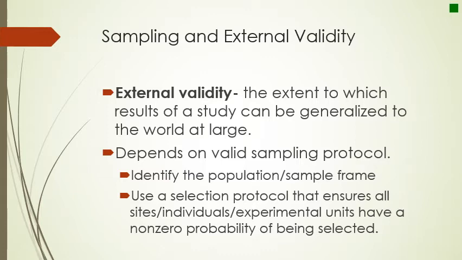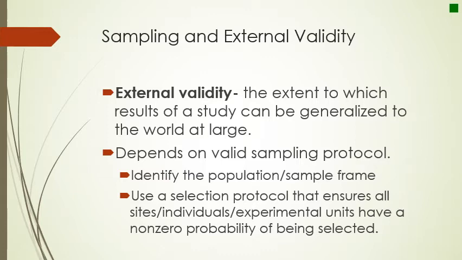External validity is the extent to which the results of a study can be generalized to the world at large. And this is obviously key to doing science, right? We want to do something that doesn't just apply to the particular situation that we looked at. We want to be able to extend, generalize our results to the population of entire state, entire country, what have you.